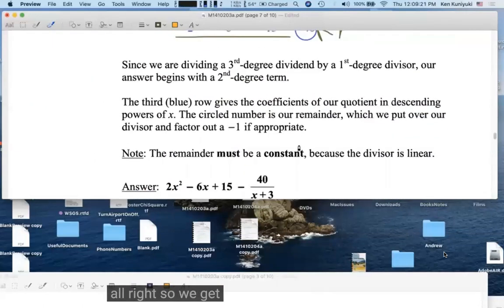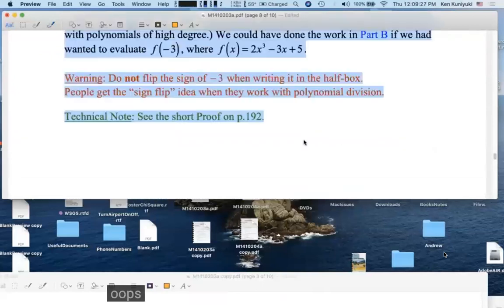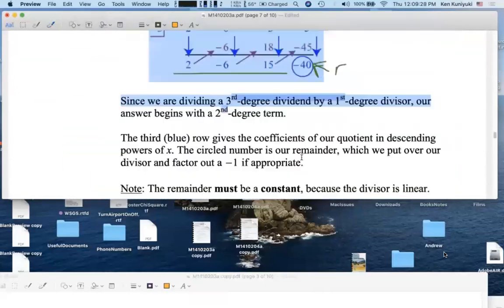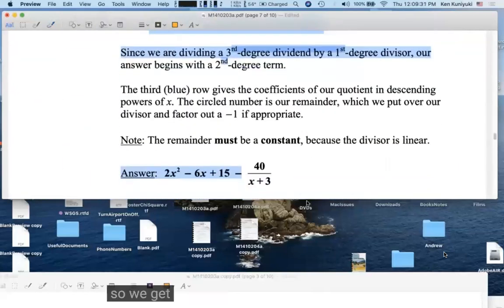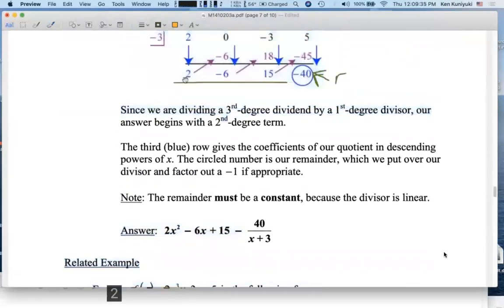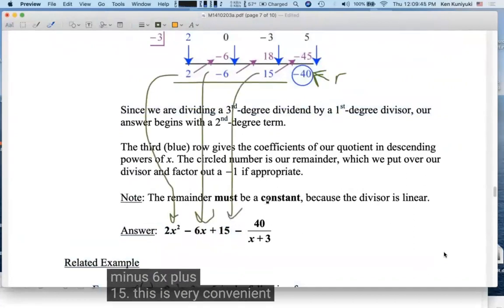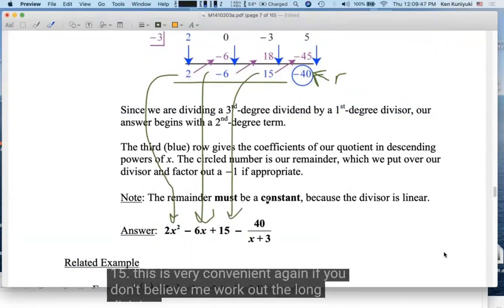All right, so we get 2x squared minus 6x plus 15. This is very convenient. Again, if you don't believe me, work out the long division.